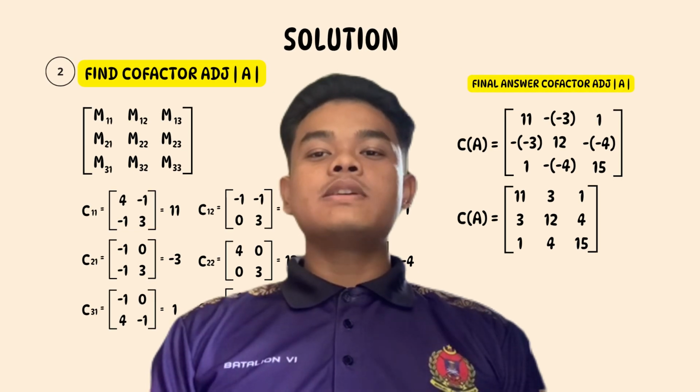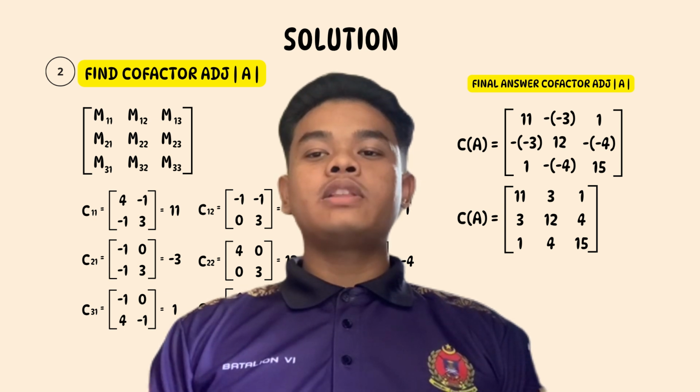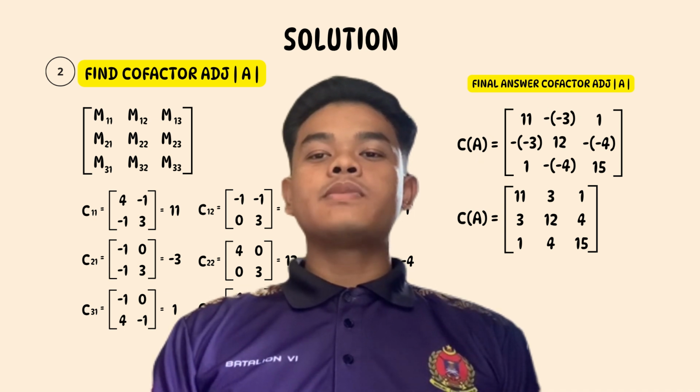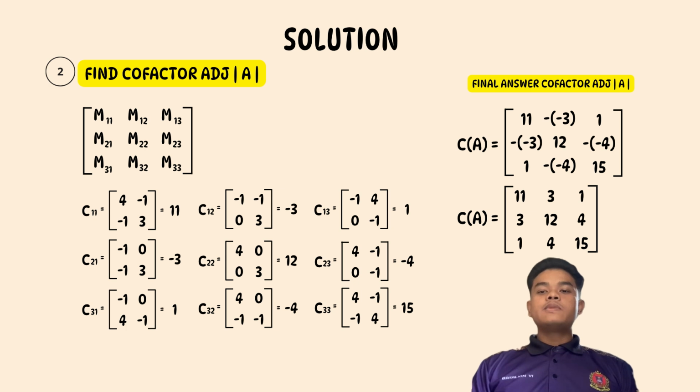The next step is we need to find the cofactor for the adjoint of A. The numbers in M represent the coordinates of the matrix. We look at the cofactor C11, which equals the 2 by 2 matrix 4, negative 1, negative 1, 3. To compute the value, we use the formula AD minus BC. So we get C11 equals 11.